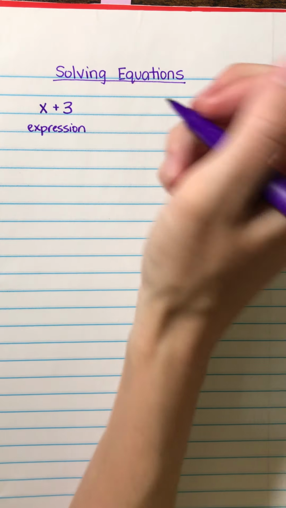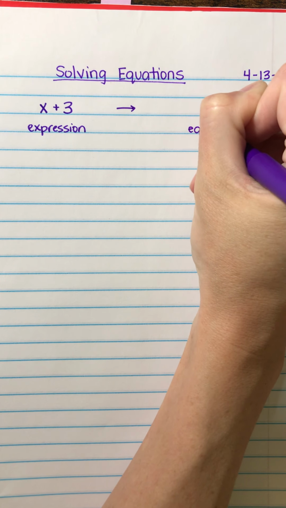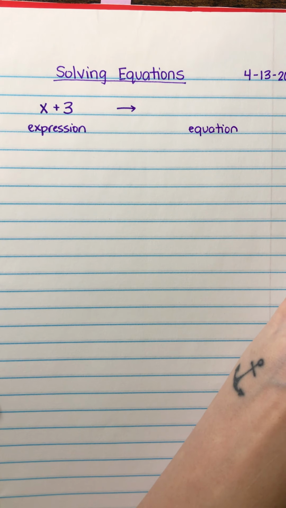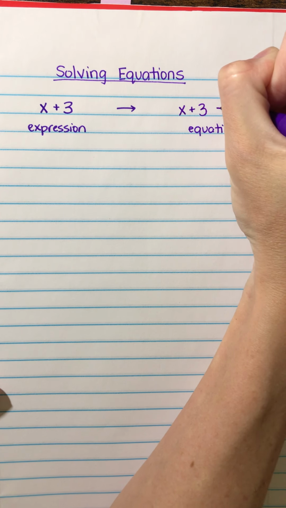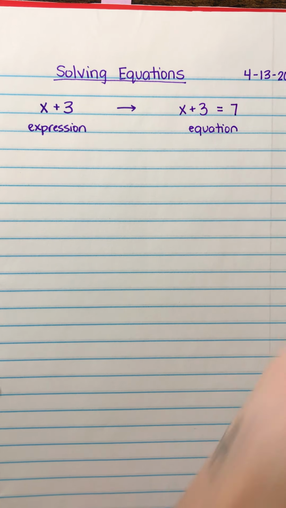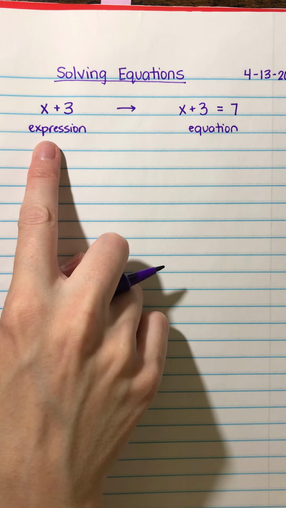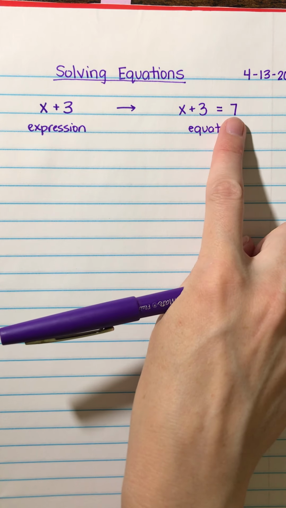The difference between an expression and an equation is that an equation has an equal sign. So in terms of a problem, it might still look like x plus 3, and then I give you what it should equal. Let's say x plus 3 equals 7. So expression, no equal sign. Equation has an equal sign.